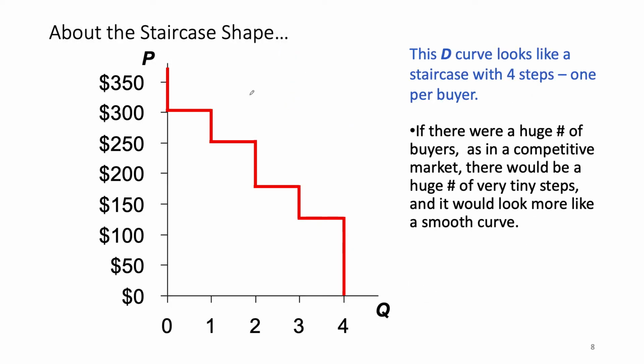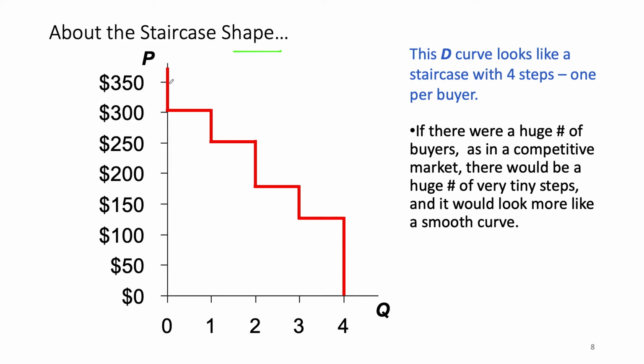So if you think about this staircase shape, the formal way of defining it is what we call a step function. It looks like a descending set of steps or an ascending set of steps, depending on where you start. The demand curve looks like a staircase with 4 steps, one per buyer. If there are a huge number of buyers, then there are many small staircases.